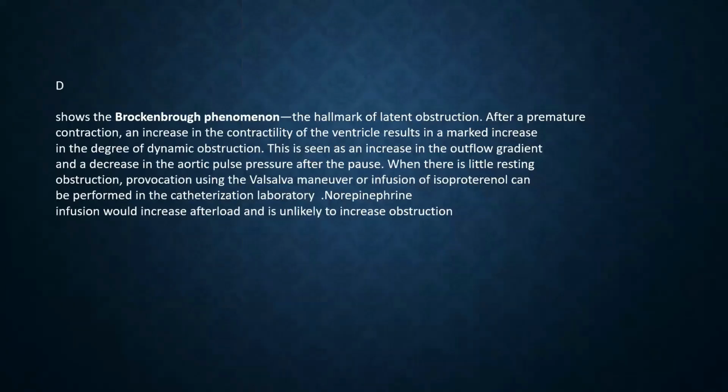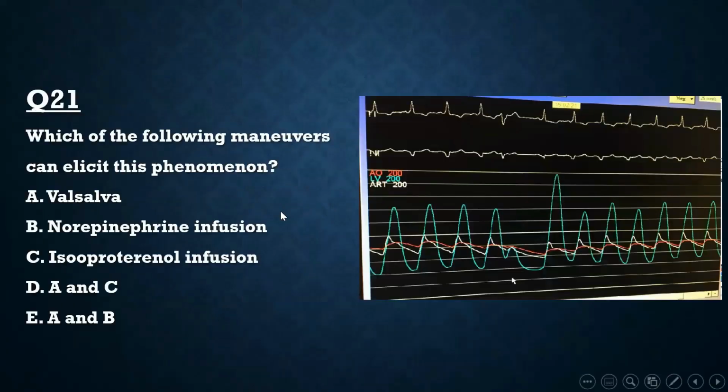What about norepinephrine? The role of norepinephrine is to increase the heart rate and increase the afterload. If you increase the afterload by peripheral vasoconstriction, the pressure across the LVOT will drop because it is overcome by the pressure from the periphery.